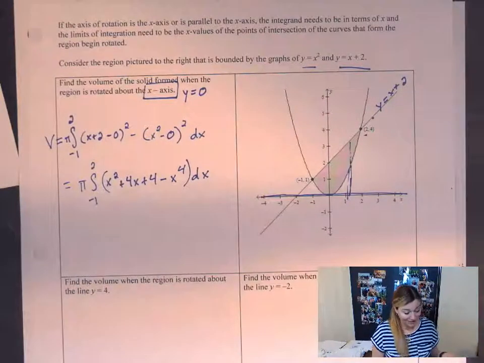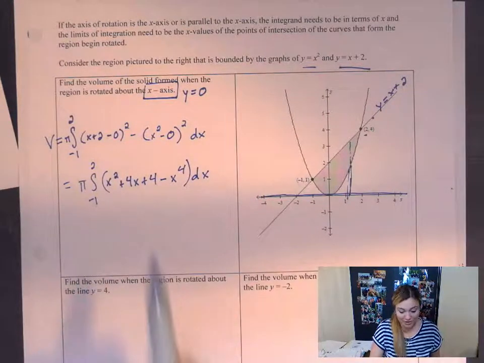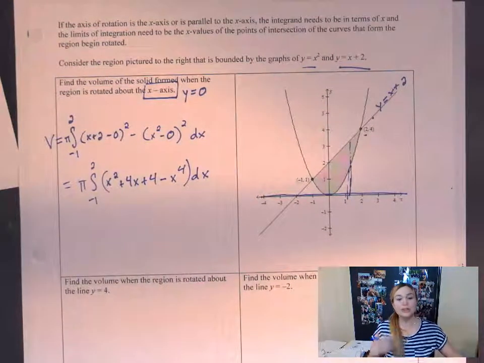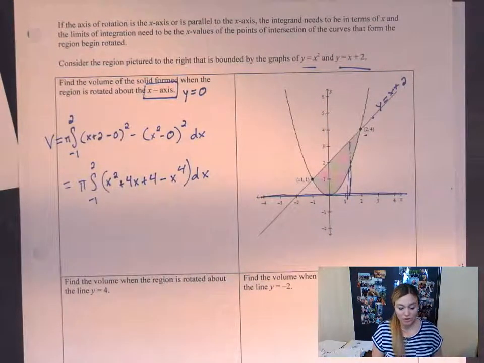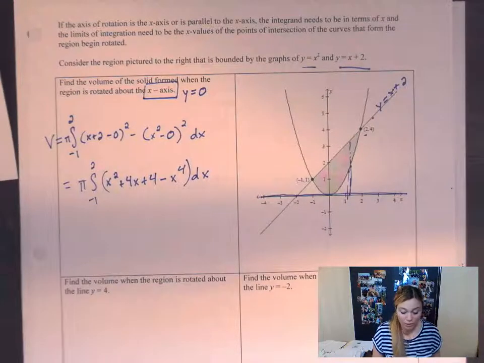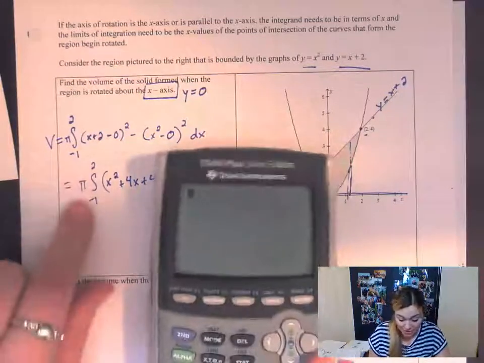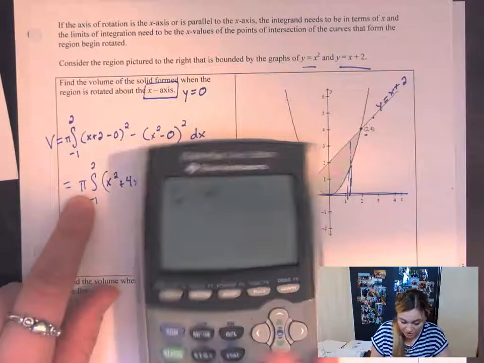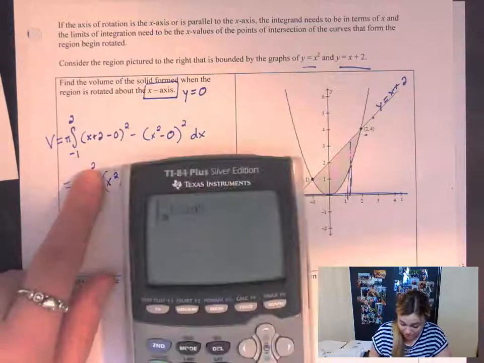And if you wanted, you can find the antiderivative and then do f of b minus f of a. But I just want to make sure that you're okay with setup right now. So if you just want to solve this and you don't want to do the antiderivative, you want to figure out what this answer is, don't multiply by pi yet. I'm just going to do math 9. And I could have even done it up here just to make sure I don't make any mistakes.